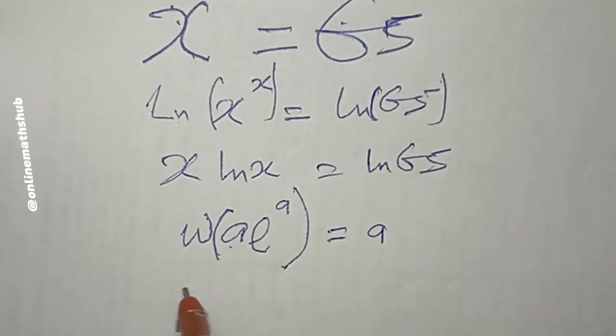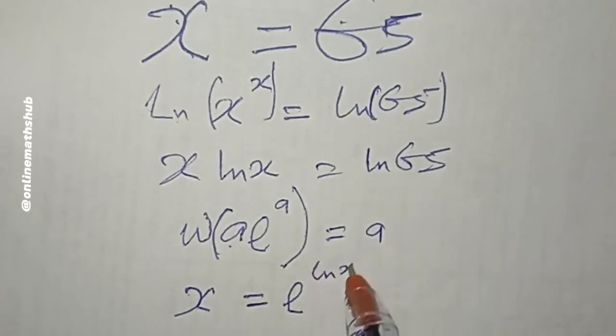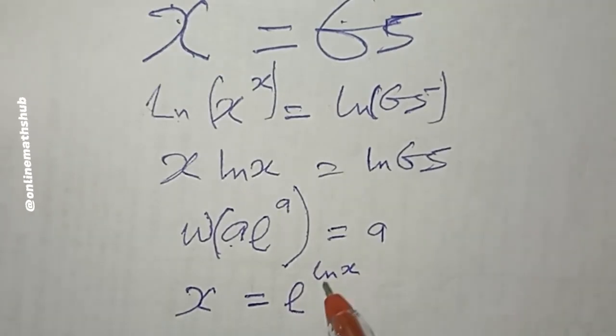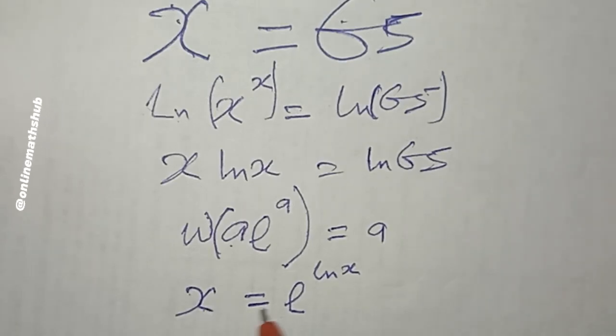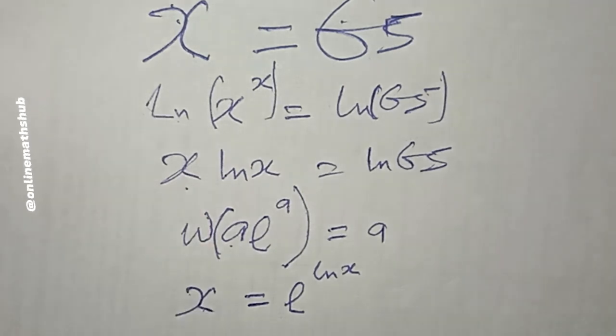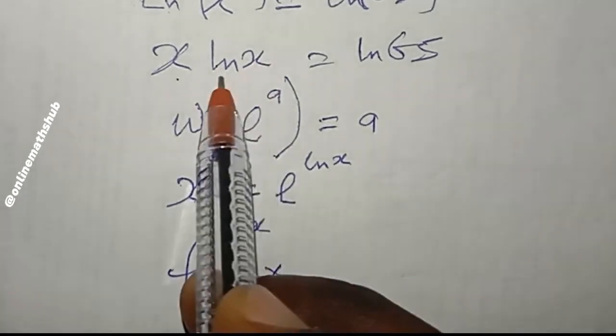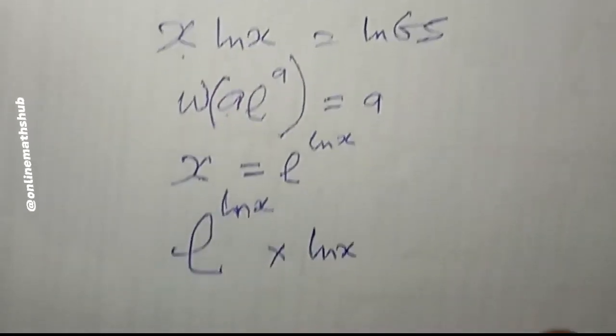What you just need to do is to remember that you can write x as exponential natural log of x, where exponential natural log is equal to 1, and then 1 multiplied by x is going to give you x. So having said that, I'm going to replace x with exponential natural log of x, so that my equation changes to exponential natural log of x multiplied by natural log of x.